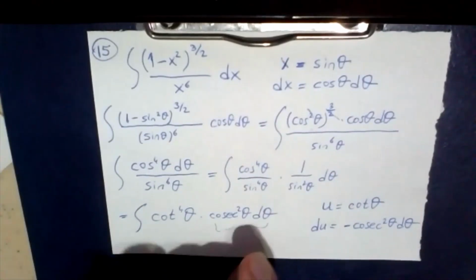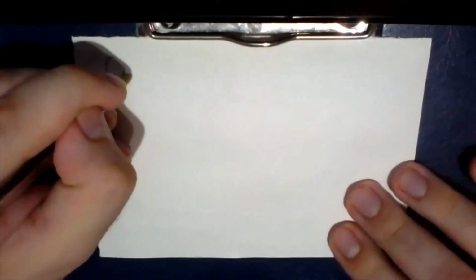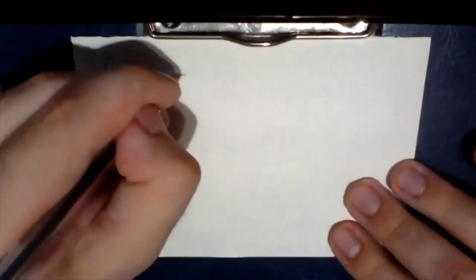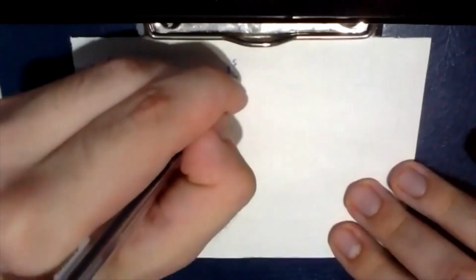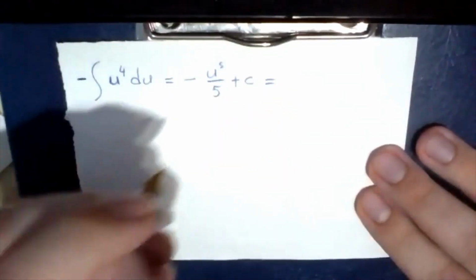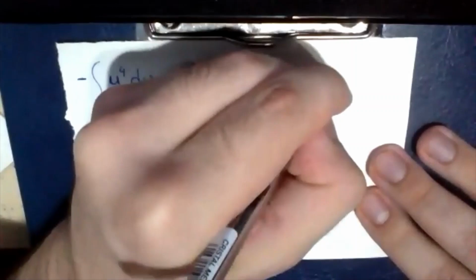After making suitable substitutions, we have the integral of minus u to the 4 du. So the result will be minus u to the 5 over 5 plus a constant c. But since u is equal to cotangent theta, it will be minus cotangent theta to the power of 5 over 5 plus a constant c.